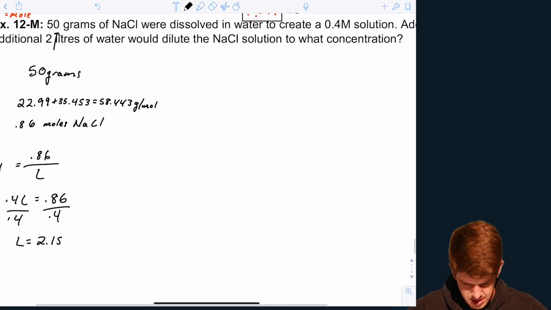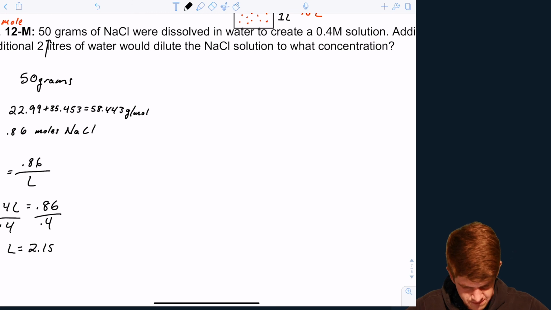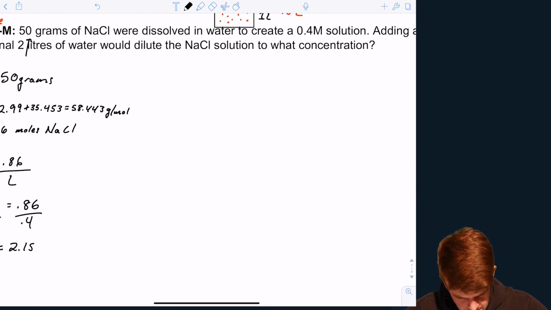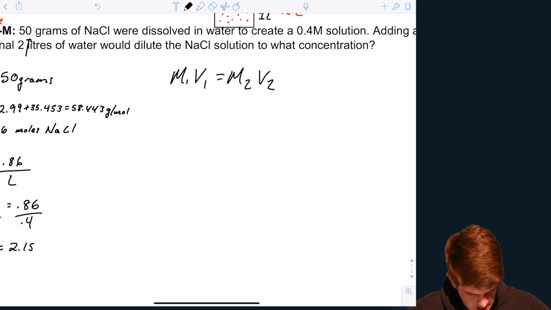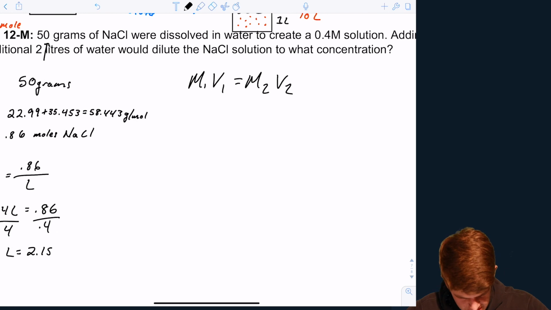So now I know M1 and V1. M1 V1 equals M2 V2. We have a value of 0.4 for the molarity.